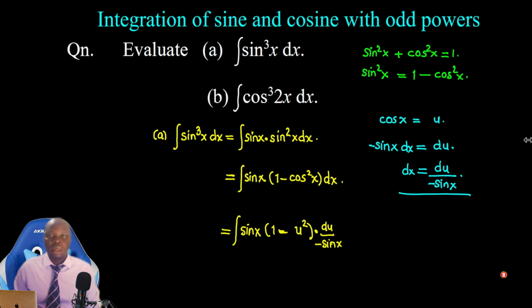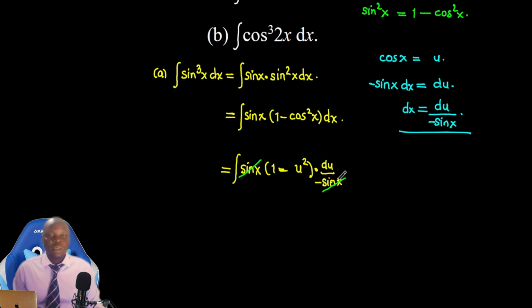So from here, sine x is common, so they can simply cancel in order for us to get purely this expression in terms of u. So after cancelling this sine, we can rewrite the remaining parameters in terms of u. We had some negative here, so this negative will come in front of the remaining parameters, that is negative integral of 1 minus u square with respect to u.